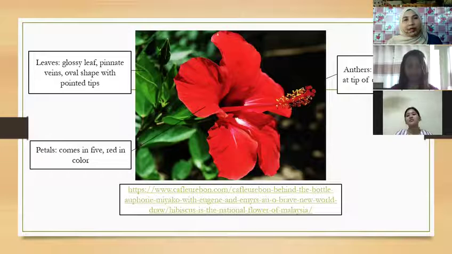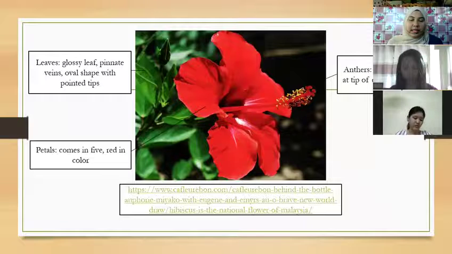How do we detect Hibiscus rosa-sinensis? We can detect it by its leaf, which is glossy with pinnate veins, an oval shape, and a pointed tip. Then we can see there are five petals on the red Hibiscus rosa-sinensis.